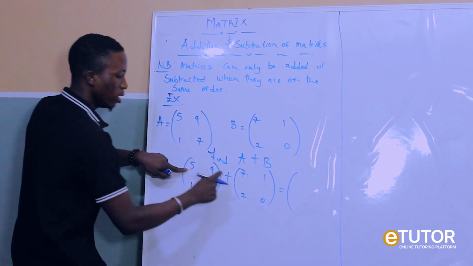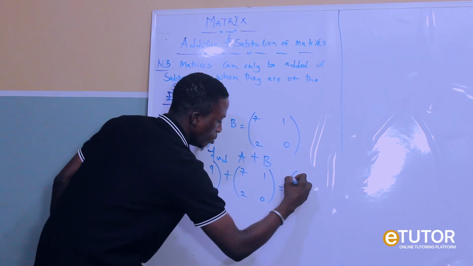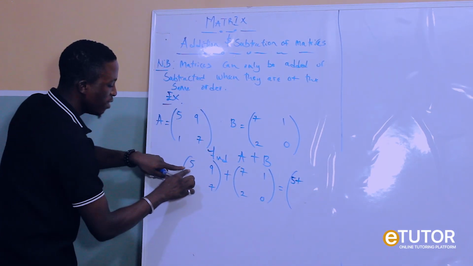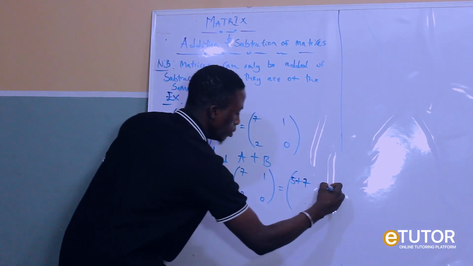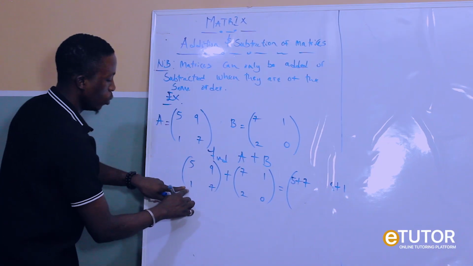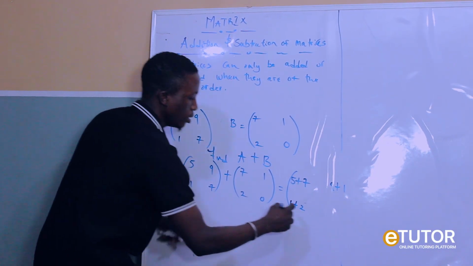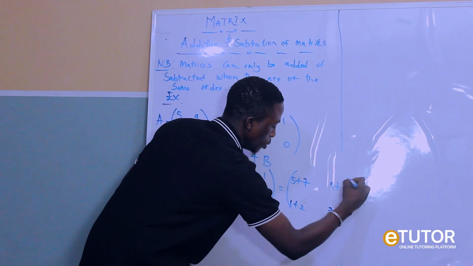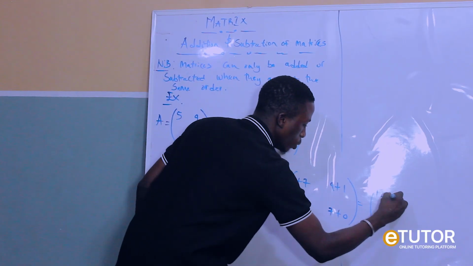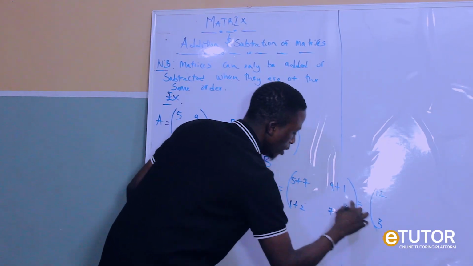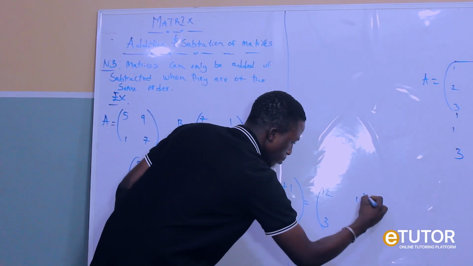So this will become 5 plus 7, while 9 would add 1, so 9 plus 1. 1 will also add 2, so that is 1 plus 2, and 7 plus 0. So we find the total sum: 5 plus 7 gives 12, 1 plus 2 gives 3, 9 plus 1 gives 10, 7 plus 0 gives 7.